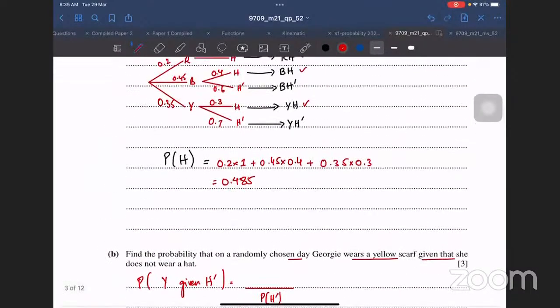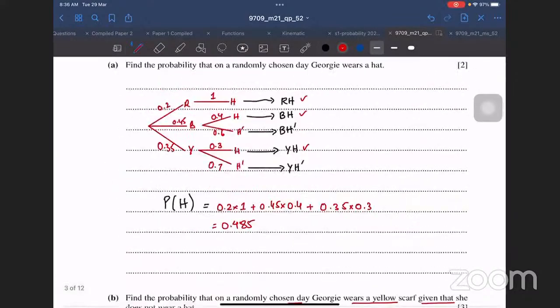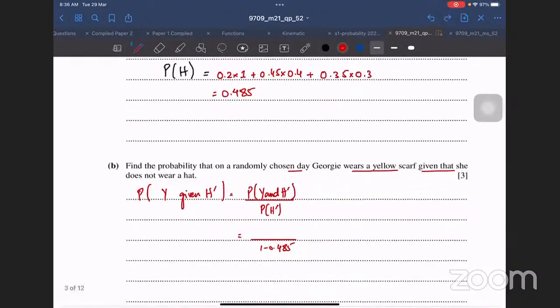The numerator is the branch that has Y and H naught, which is this branch. So I'm going to say 0.35 times 0.7.